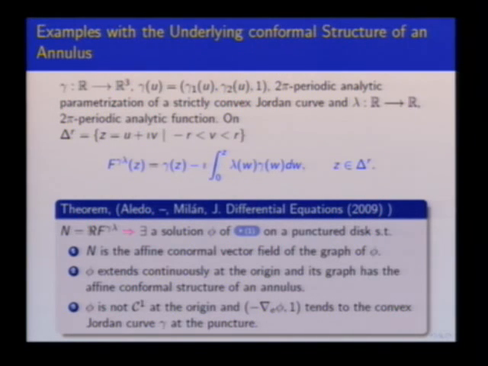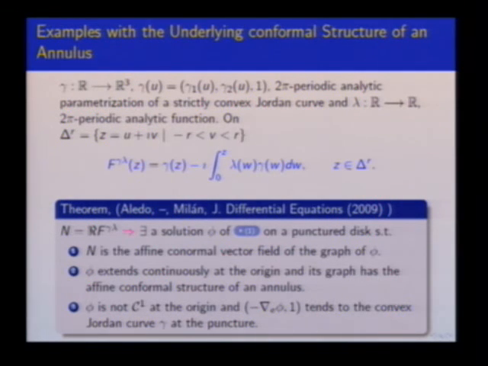This harmonic curve is the affine conormal vector field of the corresponding graph. Moreover, phi extends continuously to the origin, so we have an isolated singularity, and the normal, when we normalize to height 1, tends to the convex Jordan curve gamma. So, given gamma, we have a lot of examples of isolated singularities.